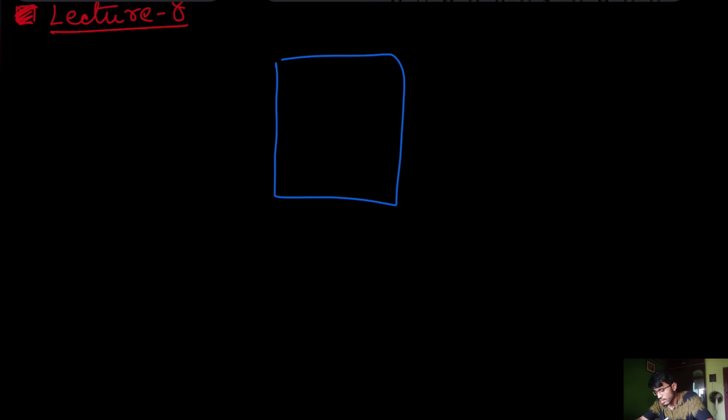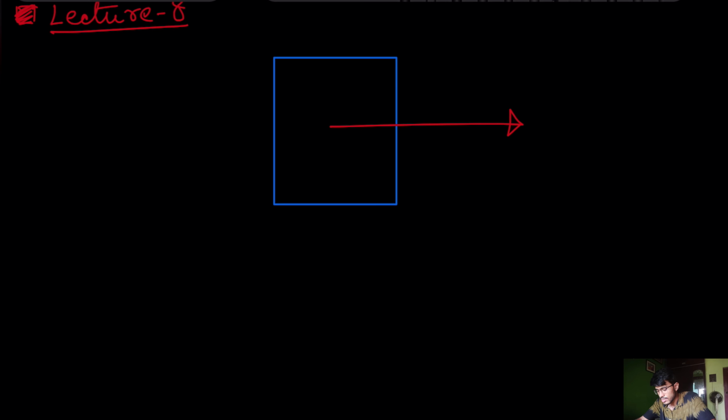So let us consider a scenario like this, that is, I have a block, and I am only considering the heat transfer in the x direction, that is this. So this is my x direction. In the y and z direction I am not considering the heat transfer.